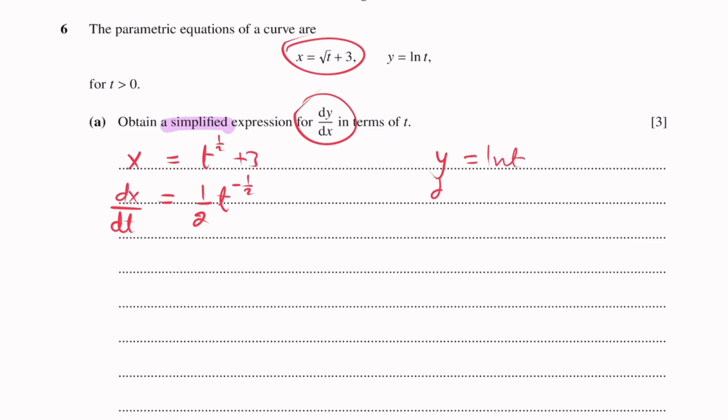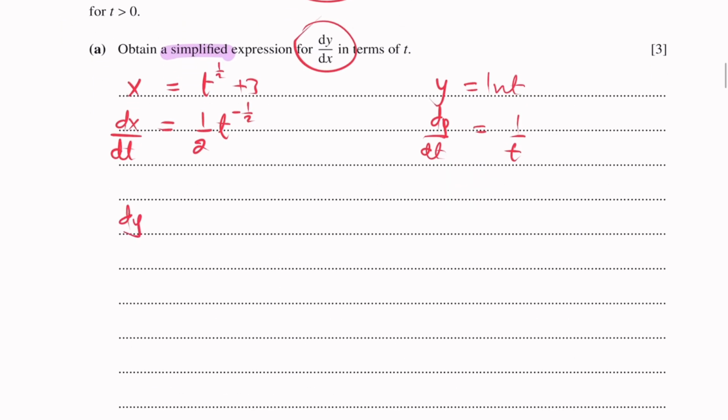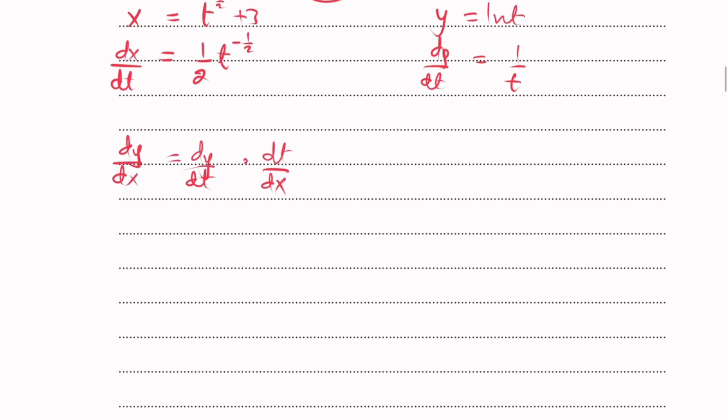So we have our y, dy/dt is 1 over t. Now we are going to have to simplify. So dy/dx is dy/dt times dt/dx. By now, you should know how to set the chain rule up easily. So this becomes 1 over t times, can we simplify this? Yeah, maybe.